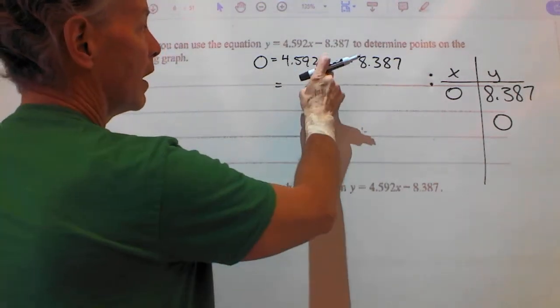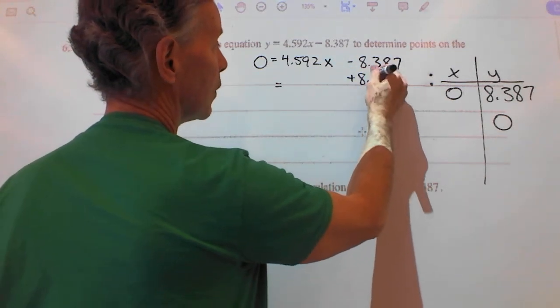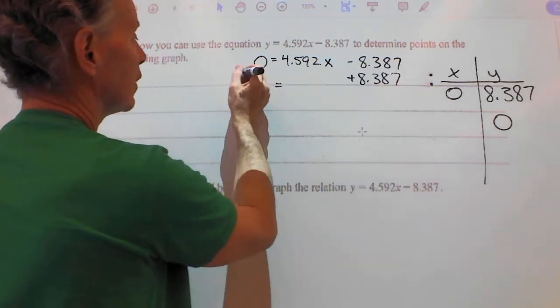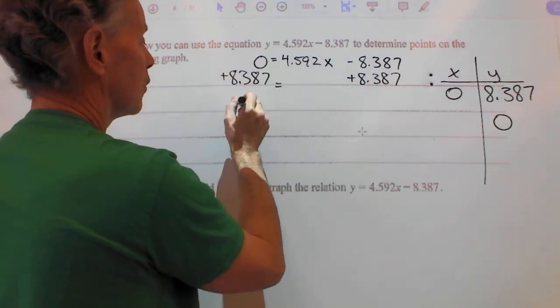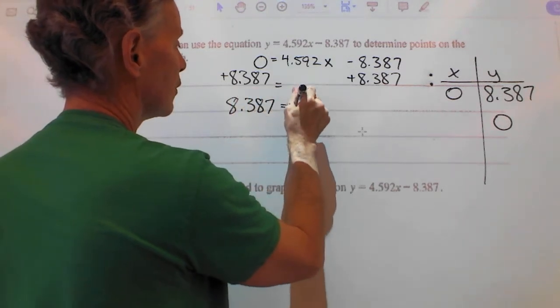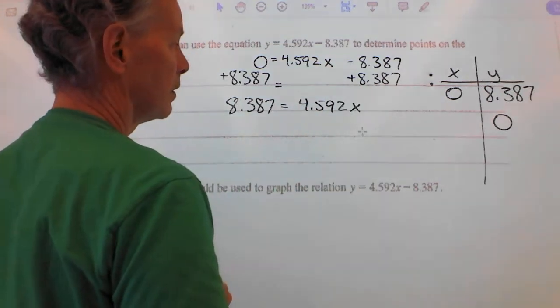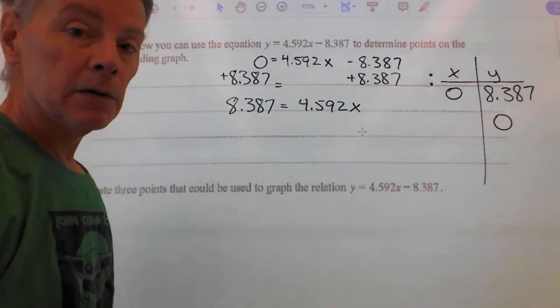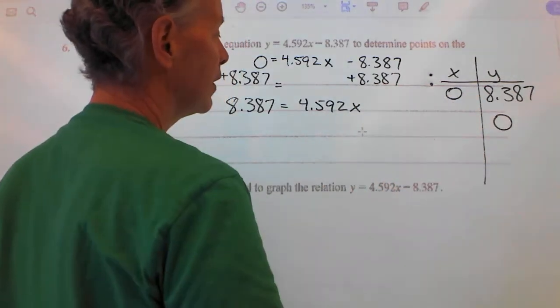We want to isolate x. That means we're going to add 8.387 to both sides. That will give us 8.387 equals 4.592x.